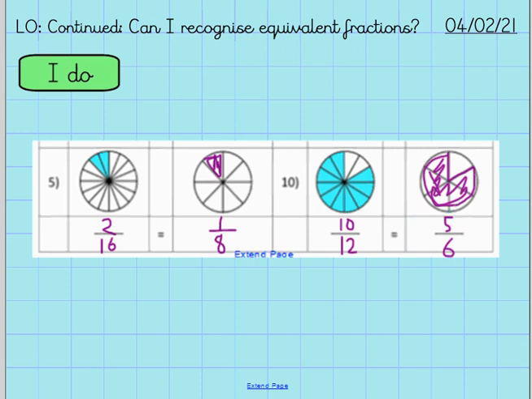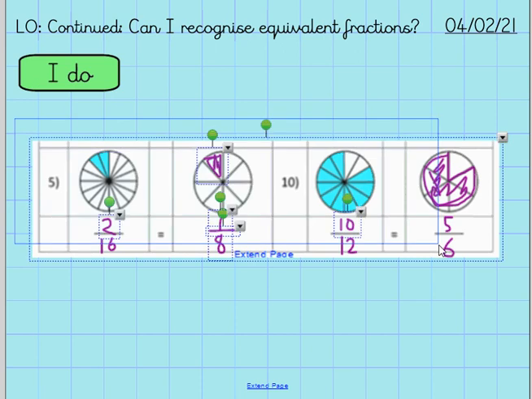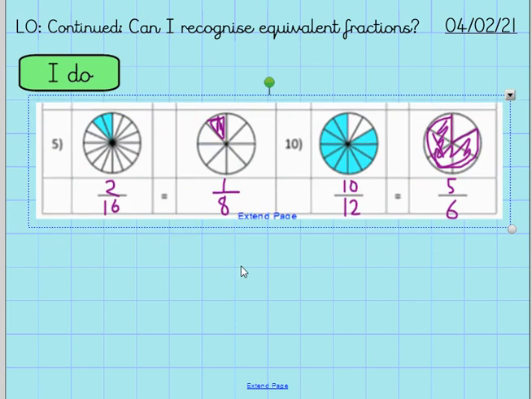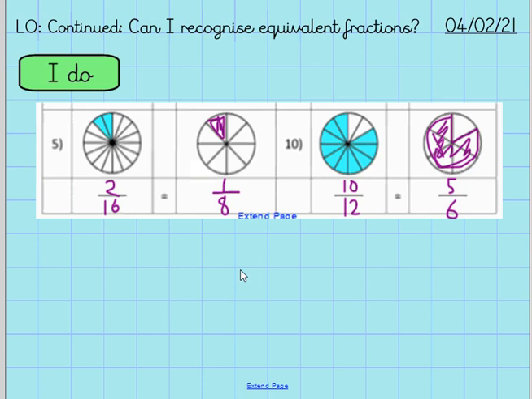So let's just take this a little bit further. Let's take one of our fraction pairs from here and think about how we could write this out. So let's have a look at 1/8 is equal to 2/16.